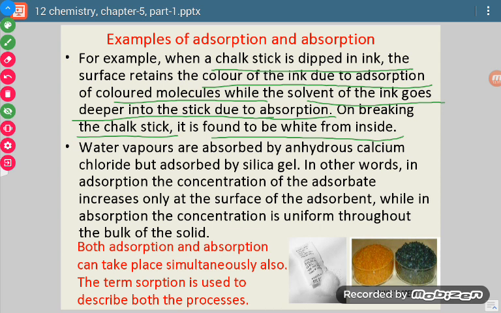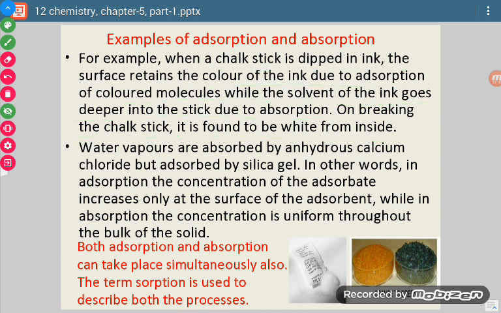Okay, now similarly, one more example. If we take water vapors, then they are absorbed by calcium chloride. If I take calcium chloride in anhydrous form, then they are absorbed by the substance. But if I take silica gel, then they are adsorbed.